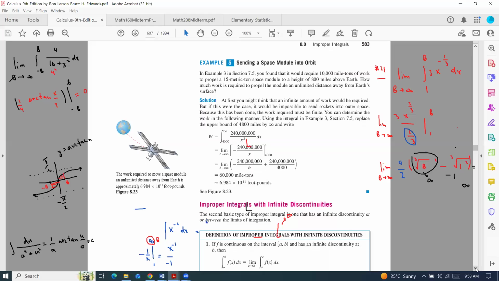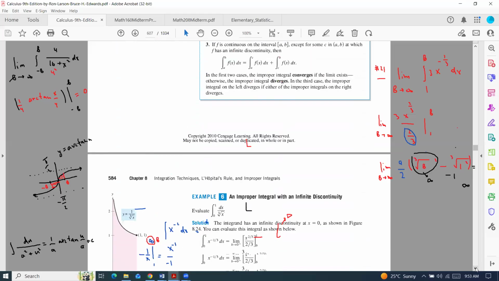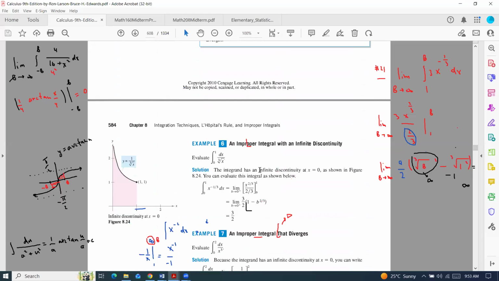Oh, where is this? Here it is. So the case when you have between 0 and 1. So notice that at 0, value of function is becoming infinity. So if you try 0, then what you do, you actually cut it someplace.